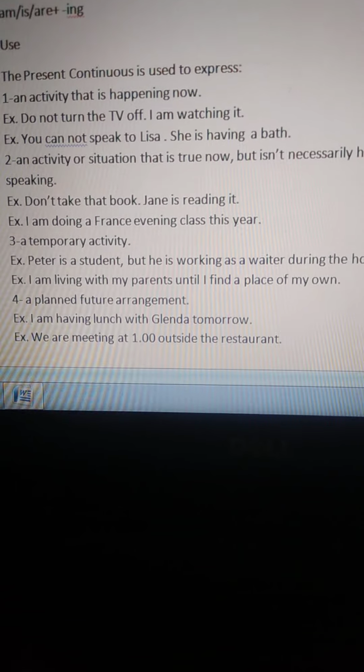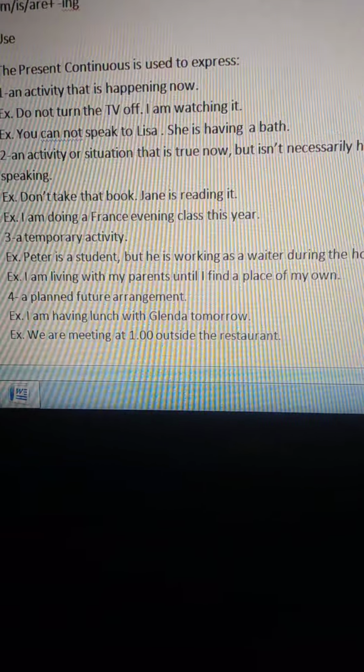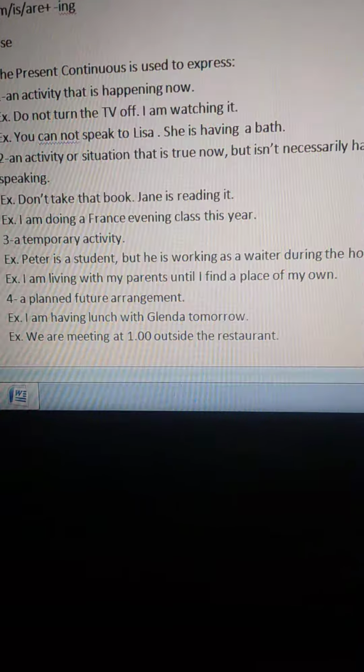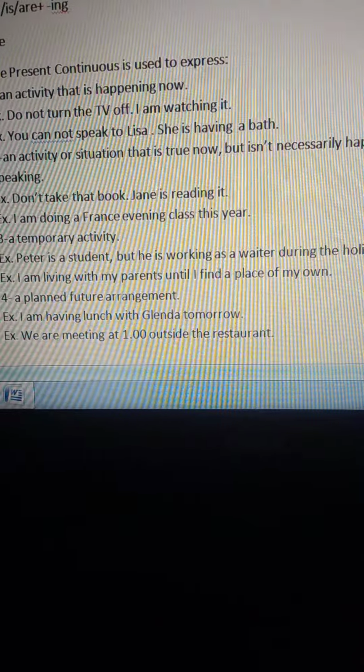The first sentence: Don't take that book. Jane is reading it.